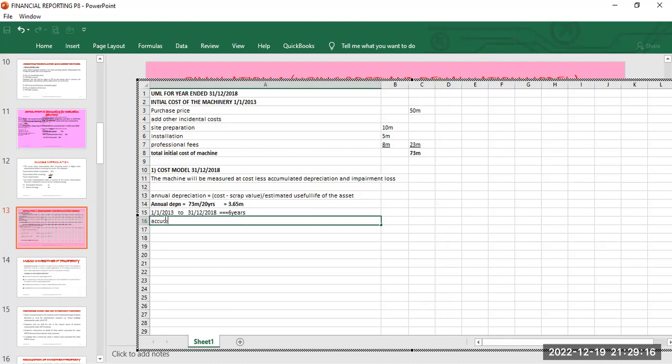But now we need to get the accumulated depreciation, which the asset would have accumulated from the time it was acquired until the time we are reporting.